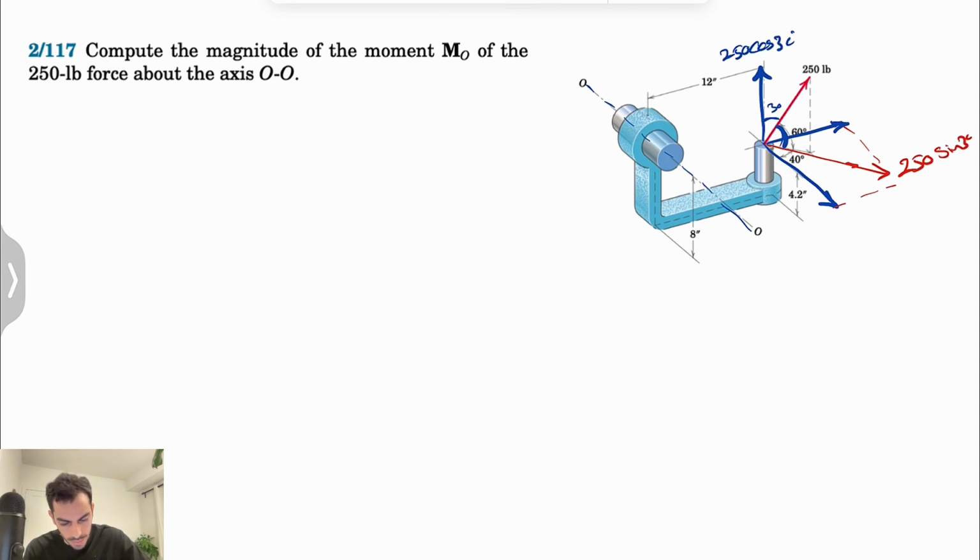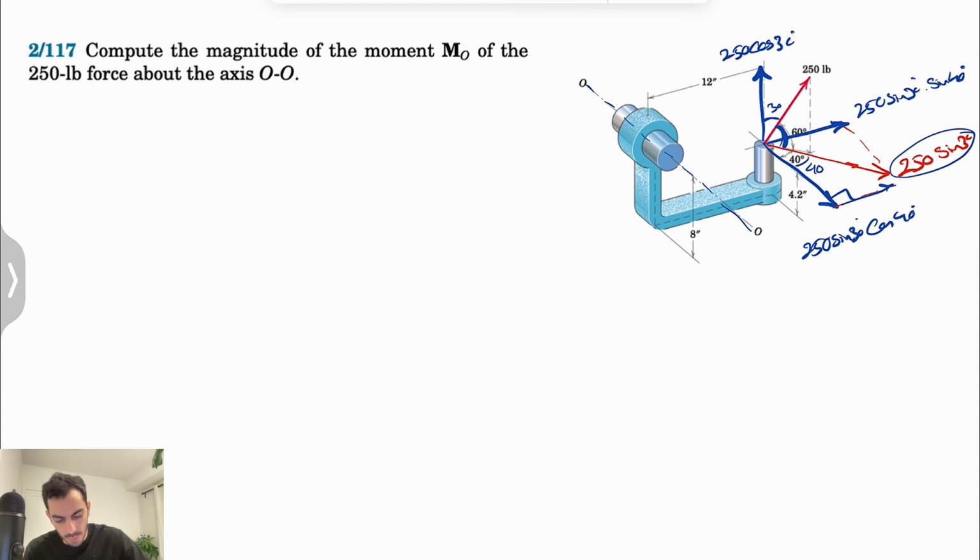And the other forces, since we know this angle is 40 degrees, will be 250 sine of 30 cosine of 40 degrees, and 250 sine of 30 degrees sine of 40 degrees. So basically this is the other force, and we have this right triangle in here. The hypotenuse is this part.